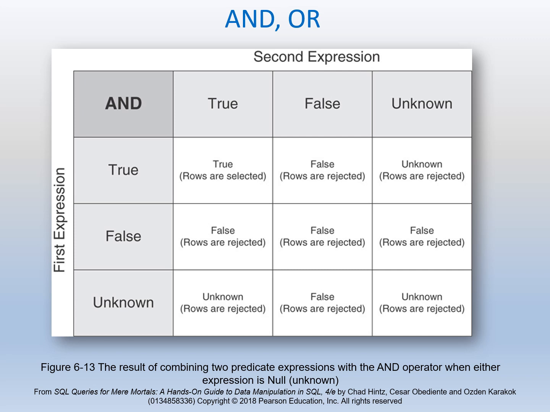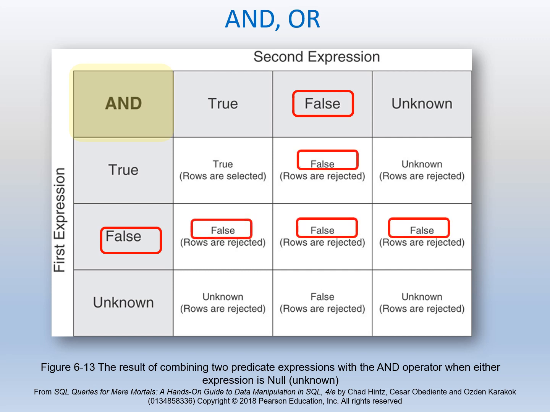Let's take a closer look at the logic behind using the operators and or together in a where clause, thereby creating multiple conditions in one where clause. Let's start with and. If both sides of the operator and result with the value false, then the total result is false.